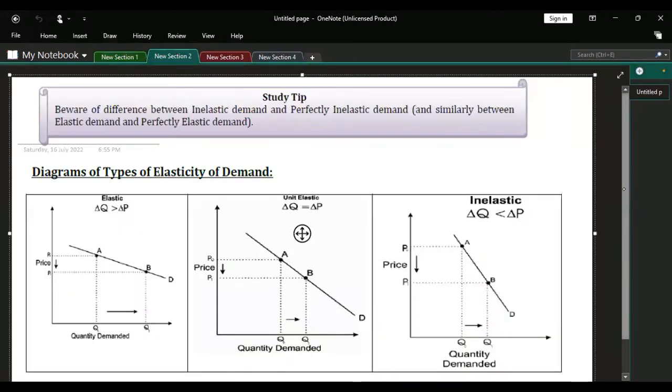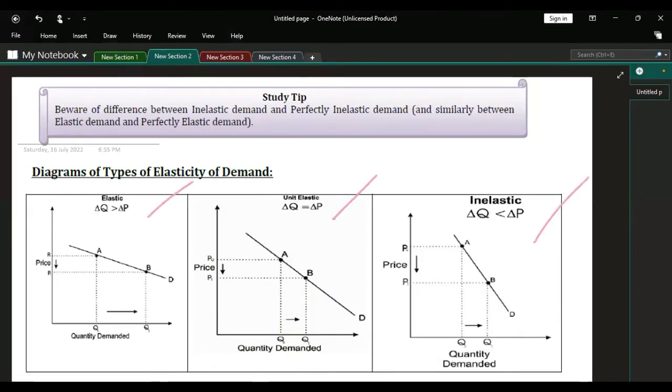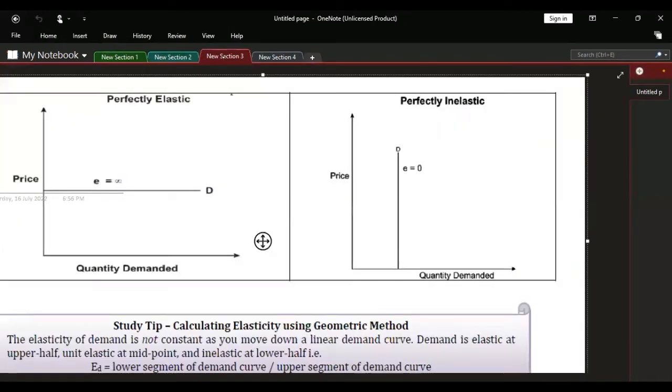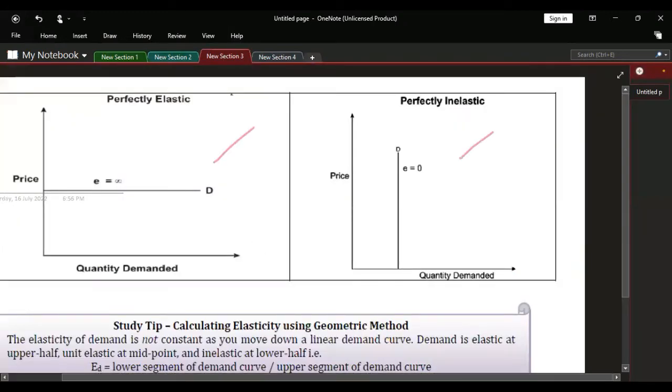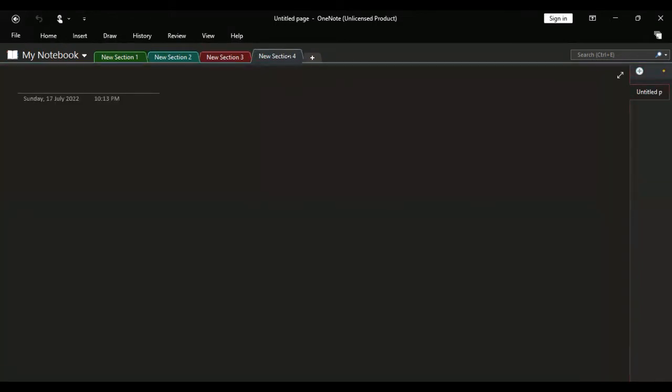Next, the concepts are the same diagrams that we have already covered in the previous slide, but I am going to make them again for your better understanding on a simple page. First is perfectly inelastic.